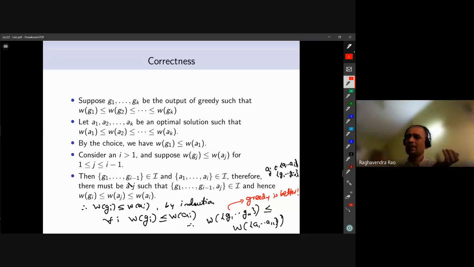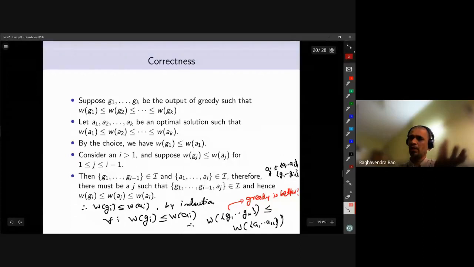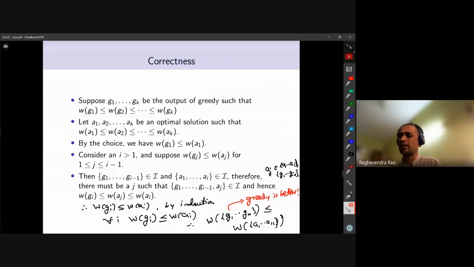Since this is an independent set of larger cardinality, by exchange property, there has to be one element which can be added to this. Let's call it Aj. So that means G1 to Gi minus 1 comma Aj will be independent. But how did we choose Gi? Gi is chosen among all elements apart from G1 to Gi minus 1 as the one of smallest weight.